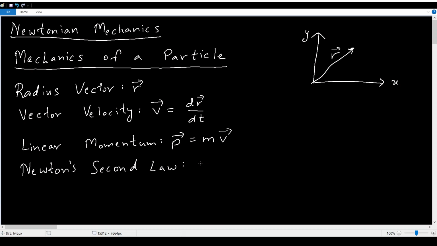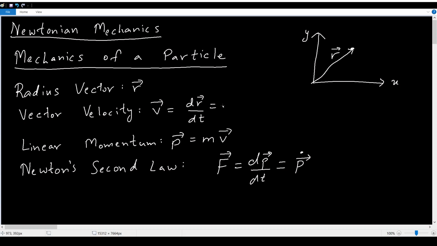Newton's second law essentially says that there exist some reference frames such that this equation holds: F equals dp/dt, and we usually write the time derivative as a dot.